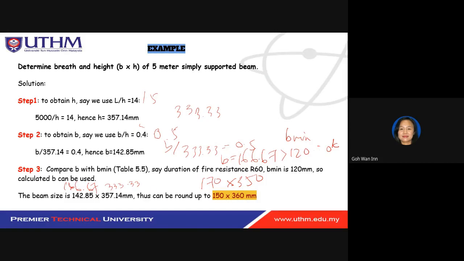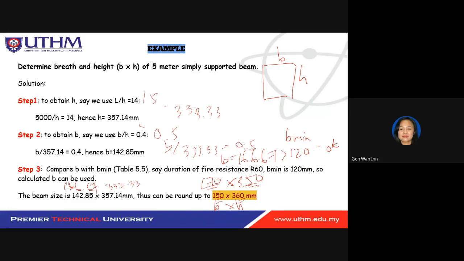But can you notice that when you use the greater B, this is B, times H, right? When B is higher, the H will be smaller. But when you use the B smaller, the H will be higher.